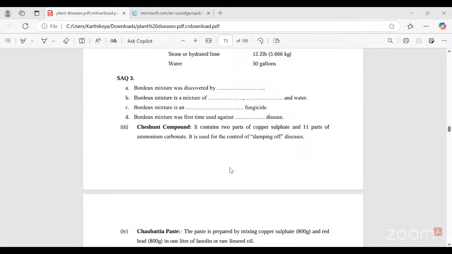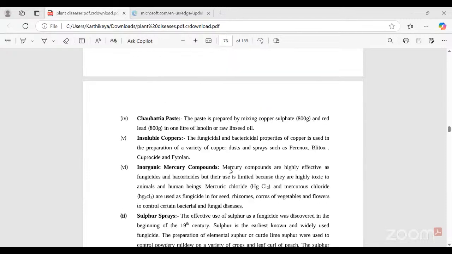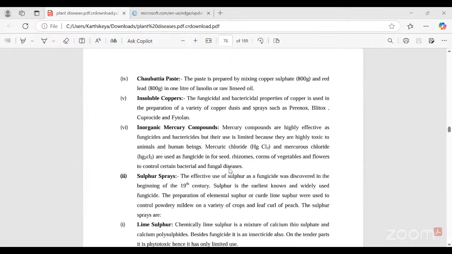Next one, Cuprous paste. The paste is prepared by mixing copper sulfate, red lead, and 1 liter lanolin or raw linseed oil.